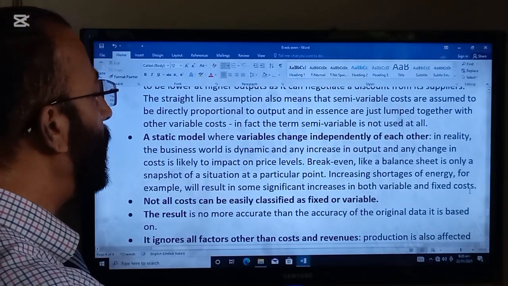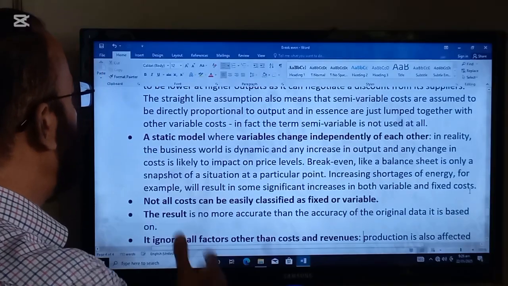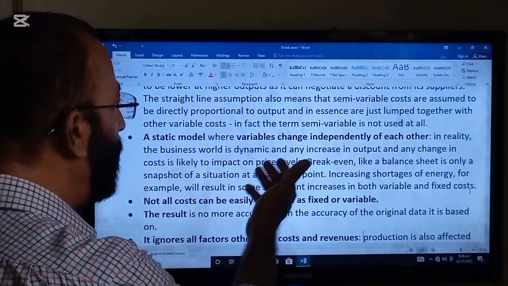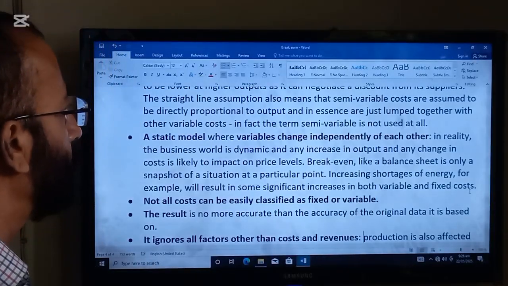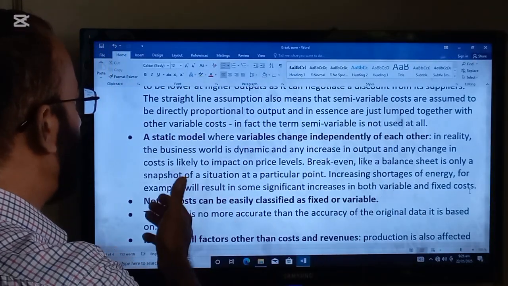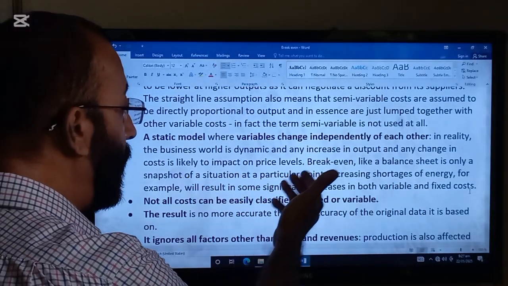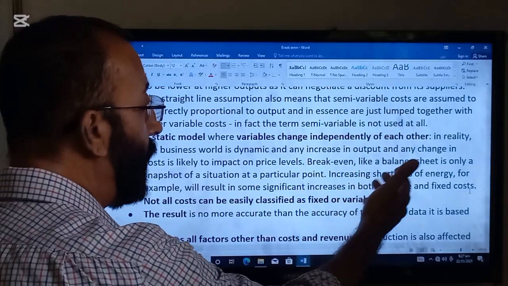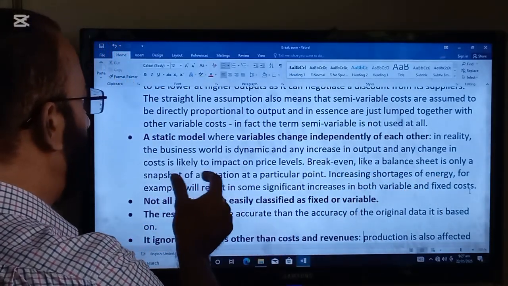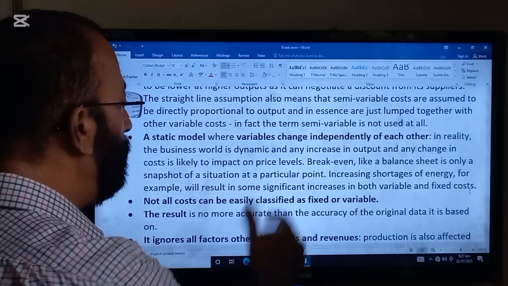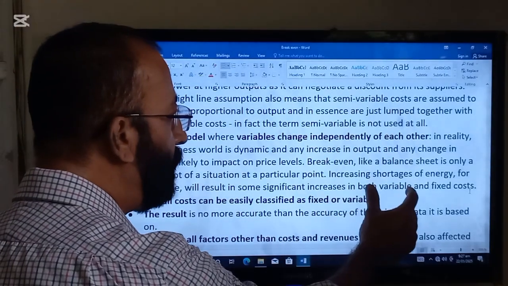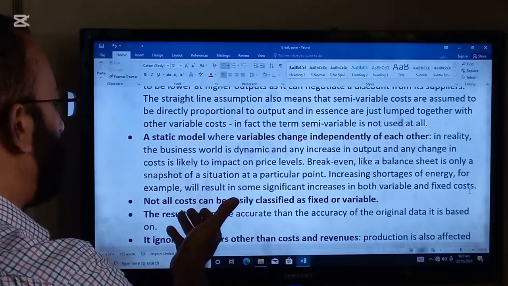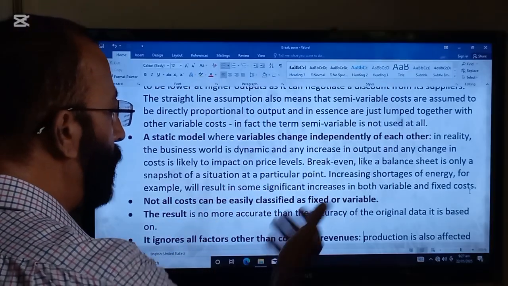Next drawback in the break-even analysis is that it is a static model where variables change independently of each other. In reality, the business world is dynamic, and any increase in the output and any change in the cost is likely to impact on the price levels. Break-even, like a balance sheet, is only a snapshot of the situation at a particular point.